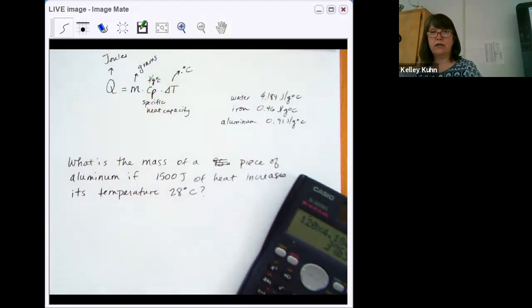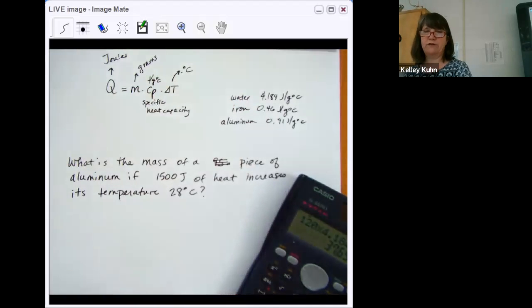Now, a lot of times you are given two temperatures and you'll just subtract the difference, but other times you may just be given the delta T directly, like in this case.